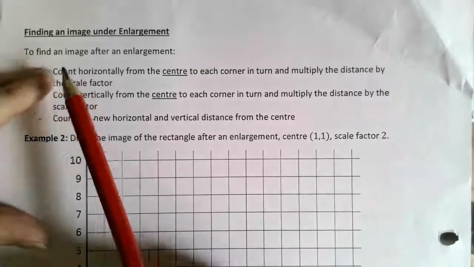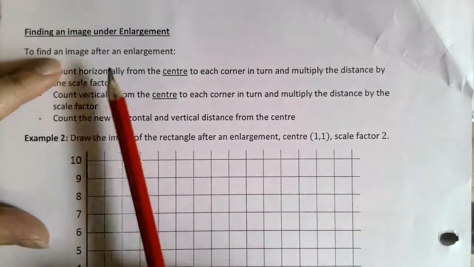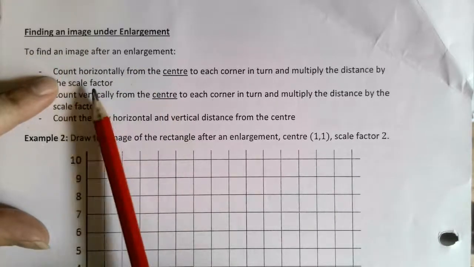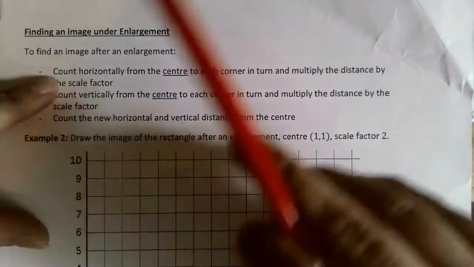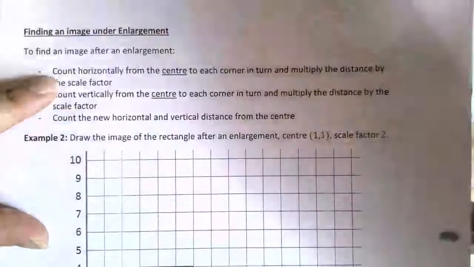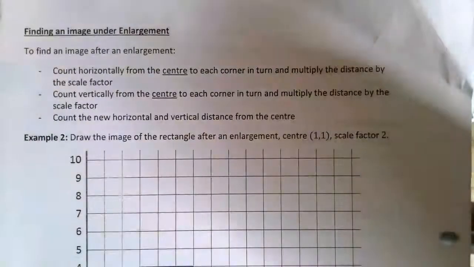If you're asked to find an image, which remember is the new version of the shape after an enlargement has happened, it's all about counting the squares from the center of enlargement to the original shape and then applying the scale factor. The scale factor is just how much you're multiplying by.